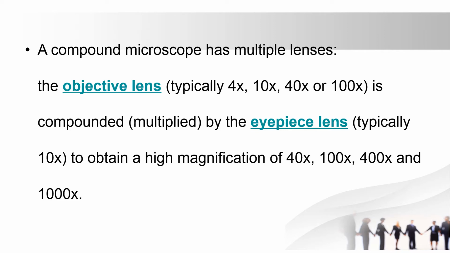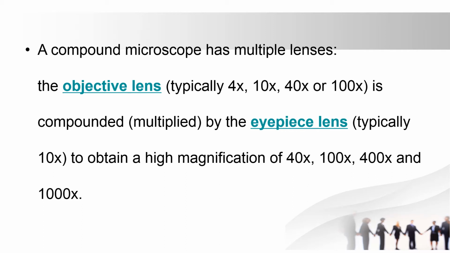Likewise, the eyepiece also has its own magnification. So when you combine the magnification of the objective lens and that of the eyepiece, you'll be getting a high magnification.